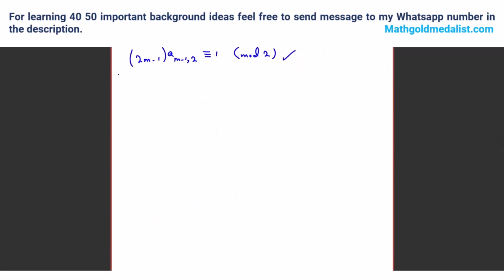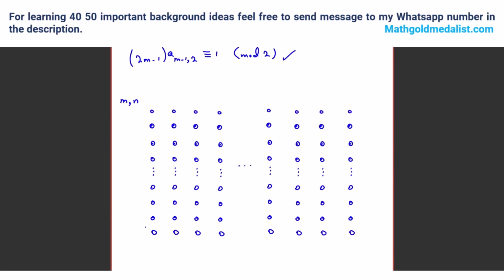So now let's consider we have m and n. And again, we have 1. Let me draw some of them. 3, 4. 1, 2, 3, 4. So let's consider 1, 2, 3 to 2n, and this one 1, 2, 3 to 2m.